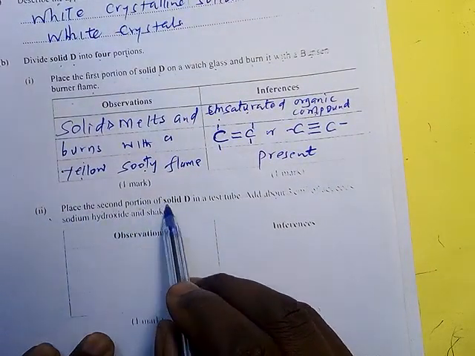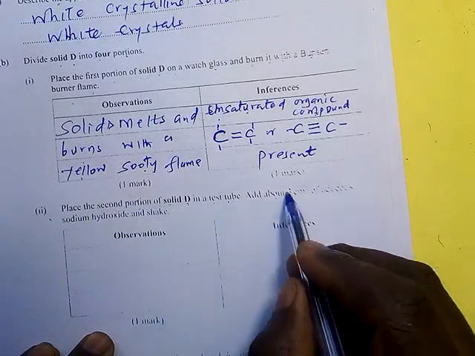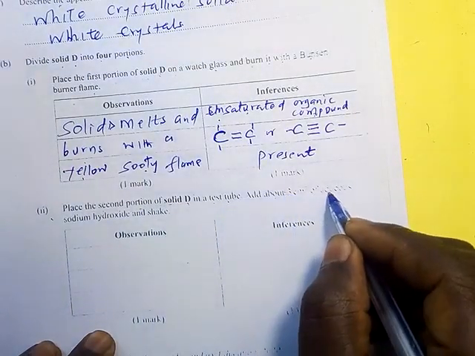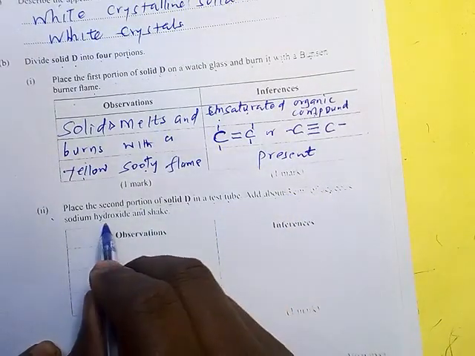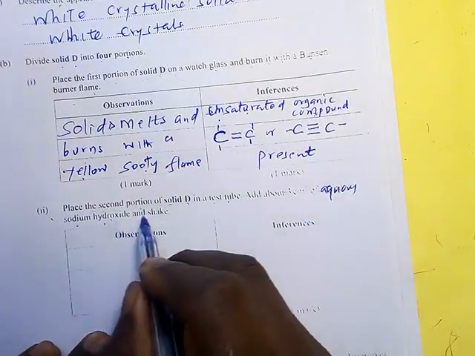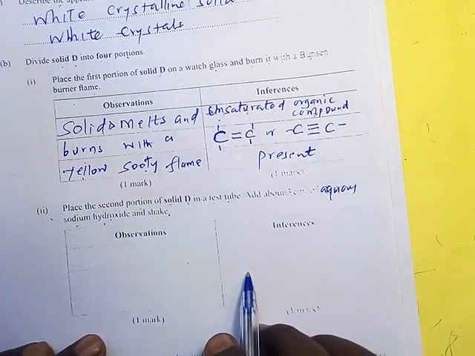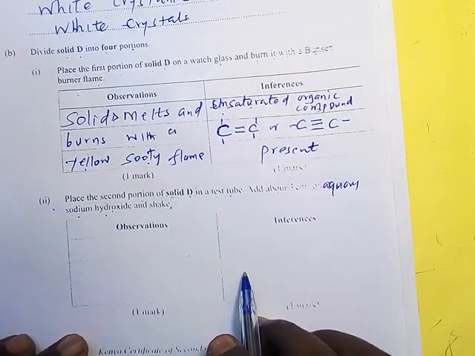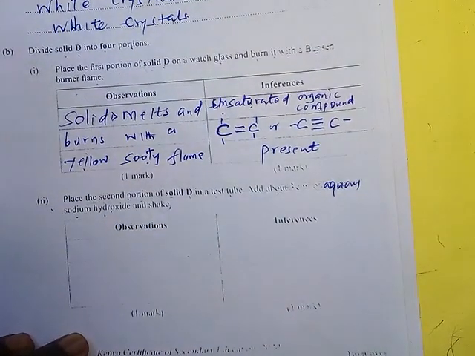Place the second portion of solid D in a test tube. Add about 3 centimeters cube of aqueous sodium hydroxide. Now you see, here we are using aqueous sodium hydroxide. Basically, we want to test whether this organic compound is basic, is neutral, or is an acid.